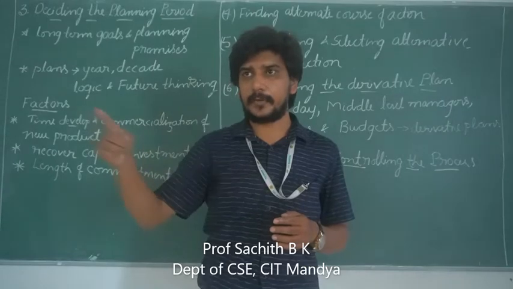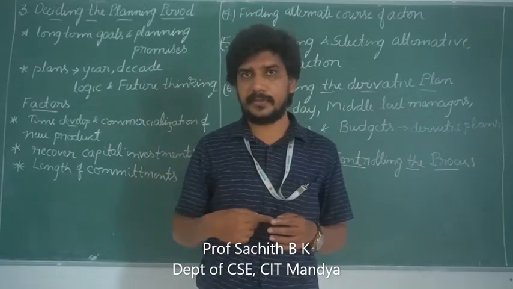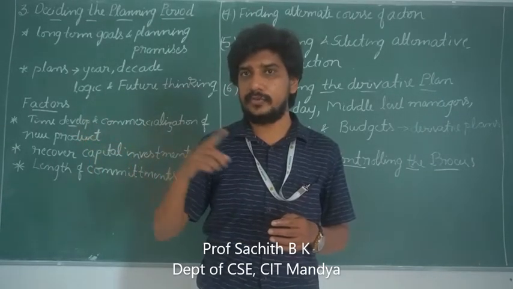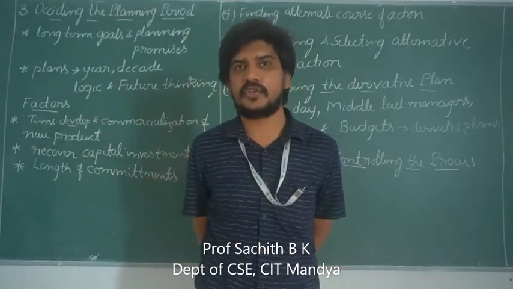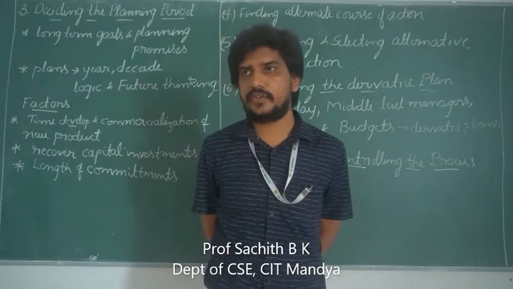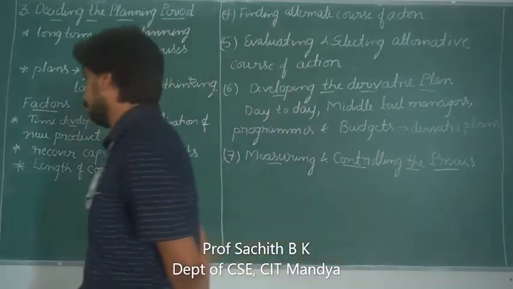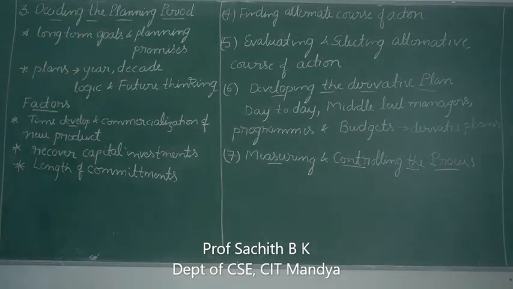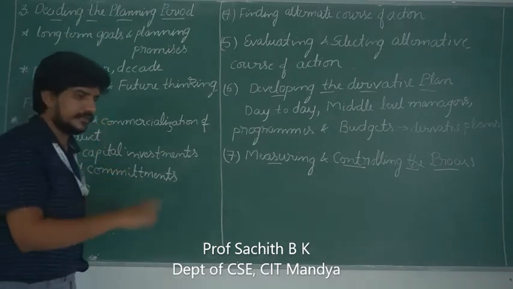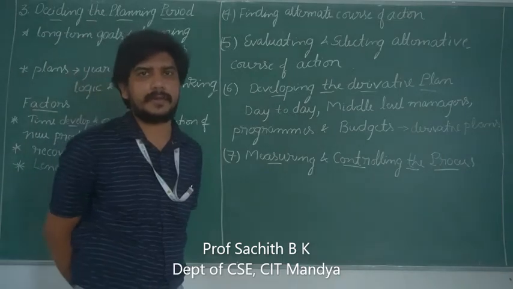Based on the length of the commitment, whether it is for 6 months or for 1 year, using that length of commitment as a factor, you can decide the duration of your plan. So these are the 3 major factors you can consider whenever you are deciding the length of your planning period. So this is the third step with respect to steps of planning.